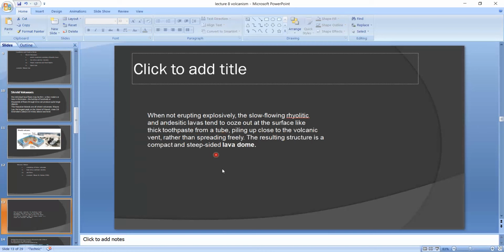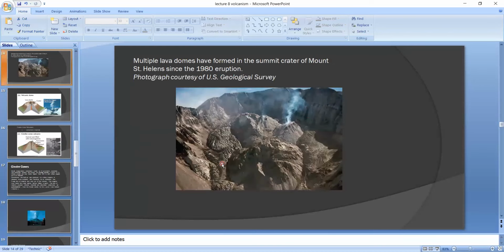And in this way, in the case of a volcano, it forms a lava dome. This is the lava dome. This is the volcano surface, and you see the lava was coming out and then starting to dry, cooling here and making this dome structure.